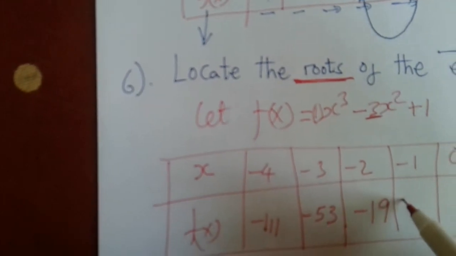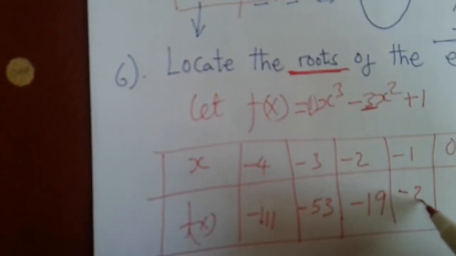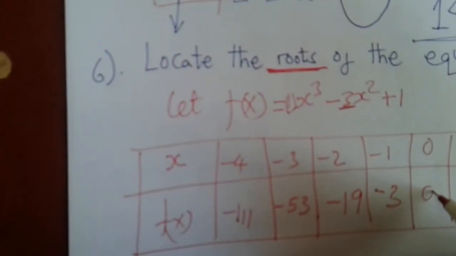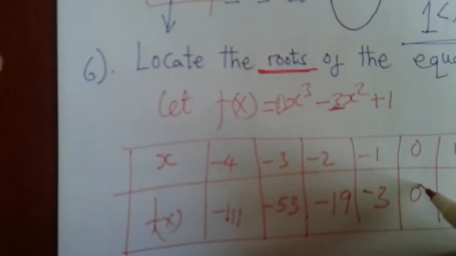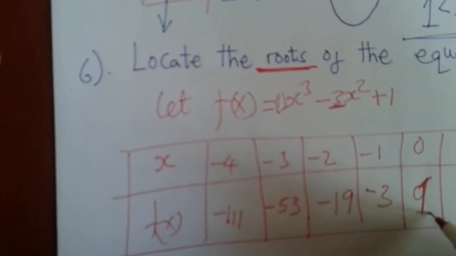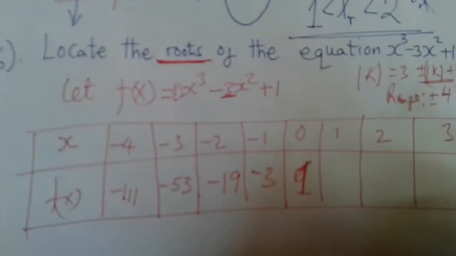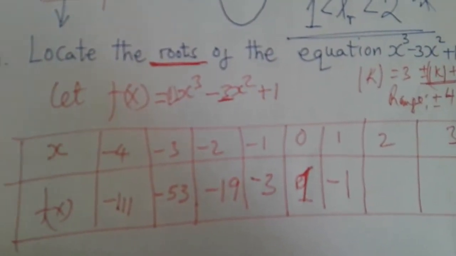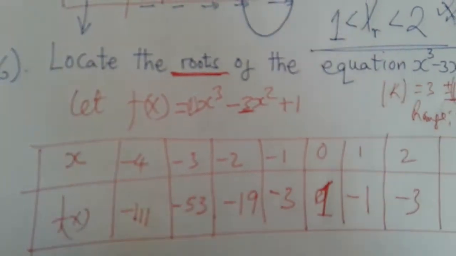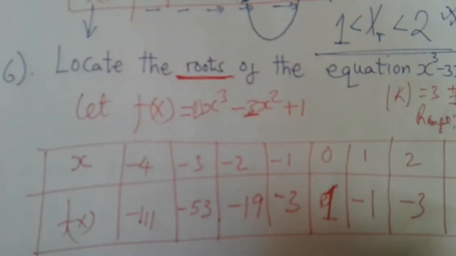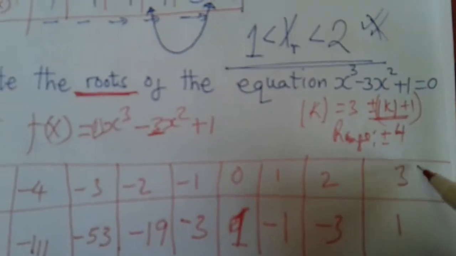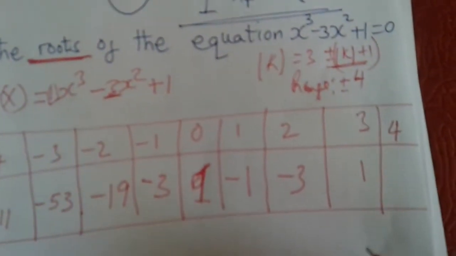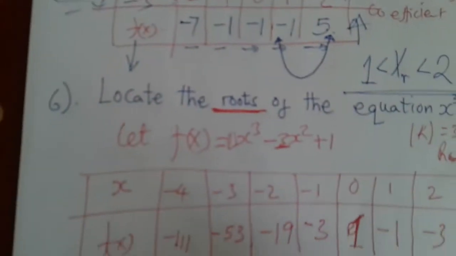Put -1, it gives -3. If you put 0, it gives +1. If you put 1, it gives -1. If you put 2, it gives -3. And if you put 3, it gives 1. Then if you put 4, it gives 17.